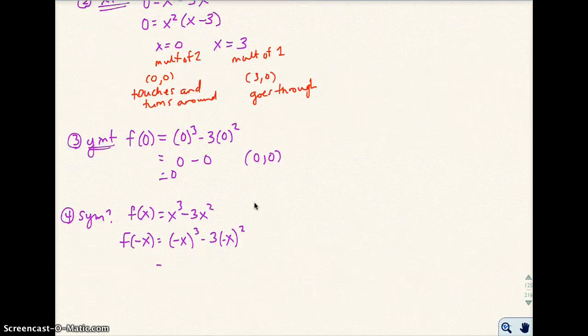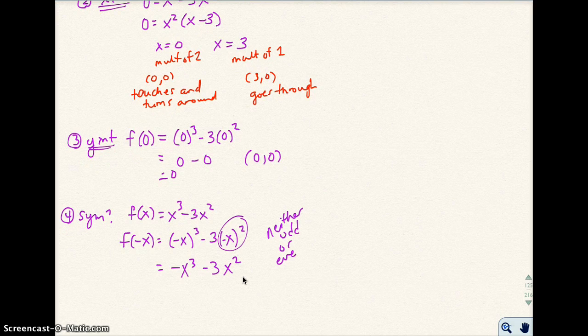This becomes negative x to the third minus 3, and this stays x squared. So this term changes sign, this one doesn't, so it has no symmetry, neither symmetry. Remember, it has to either all change signs or they all stay the same.